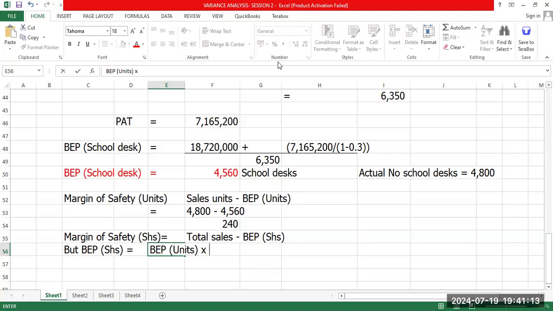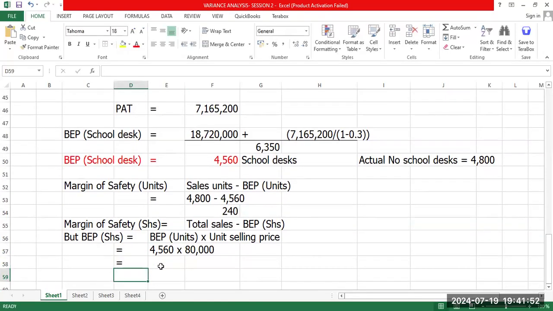Then we multiply by unit selling price. And that would be your break-even point in amounts. So you see, 4,560. We multiply by, what was our unit selling price? 80,000. All right. And what do you get here?